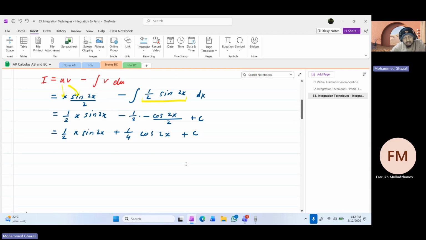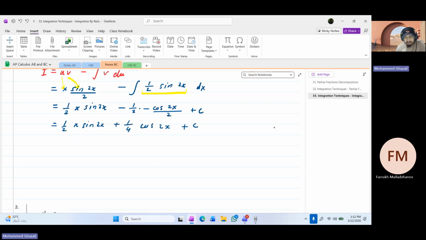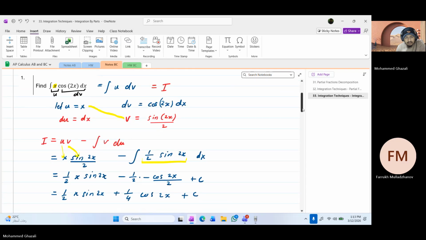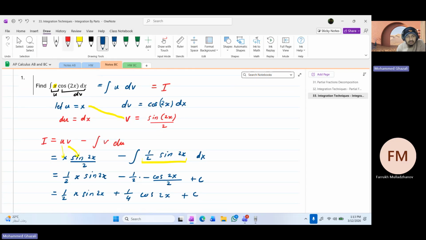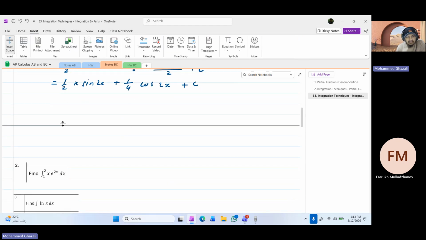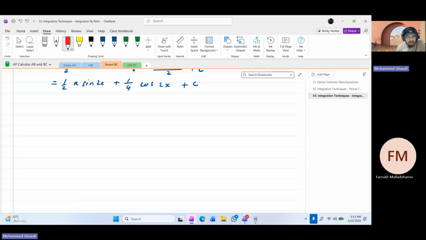Now, very important is when you have a polynomial. What we do is we differentiate the u and we integrate the other side. This can also be summarized with a nice shortcut method. We call it the DI method, the differentiate-integrate method.